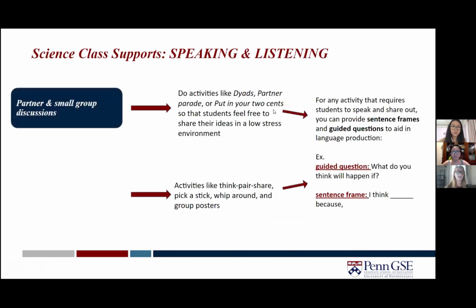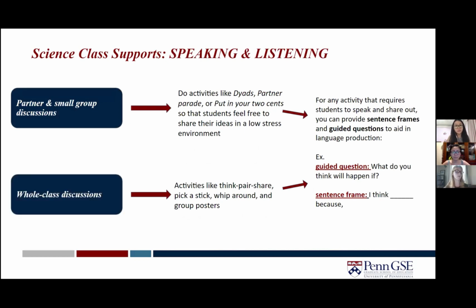In speaking and listening, you can do some partner and small group work and whole class discussions. There are different activities you can do with each, but for any activity that requires students to speak and share out, you can provide them with sentence frames and guided questions to aid in their language production.